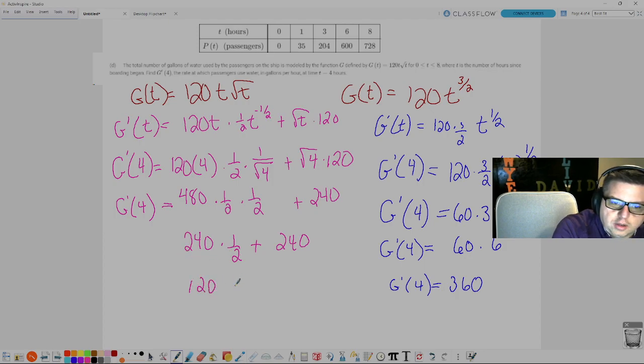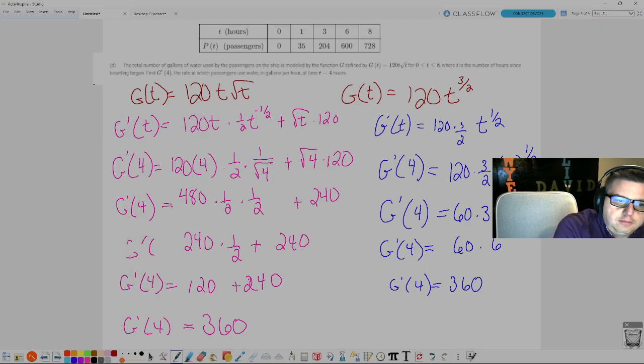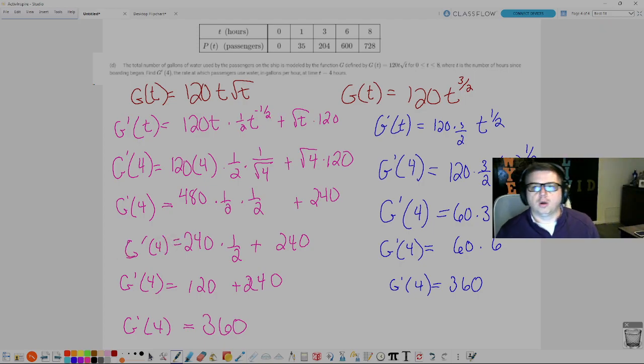That's a 120 plus 240, which equals 360. Okay, so look at that. You can use product rule or simplify the expression first and then just do a power rule and you will get the same solution. So find g prime at the rate at which passengers use water in gallons per hour.